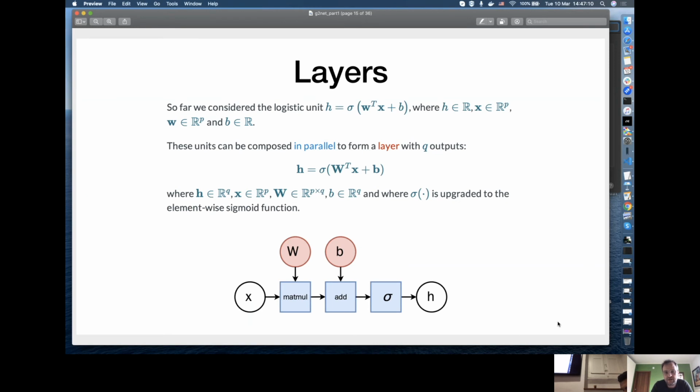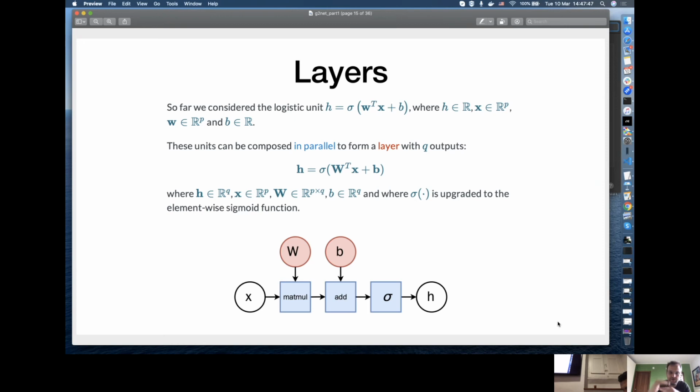Okay, so in a bit more mathematical terms, the neuron can be called the logistic unit, where the sigma there is just a nonlinearity that can be chosen, and W is a number, X is a number, and B is another number. If you have more than one feature, then X and W will be vectors.